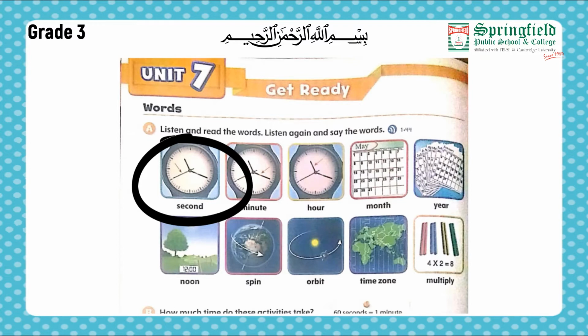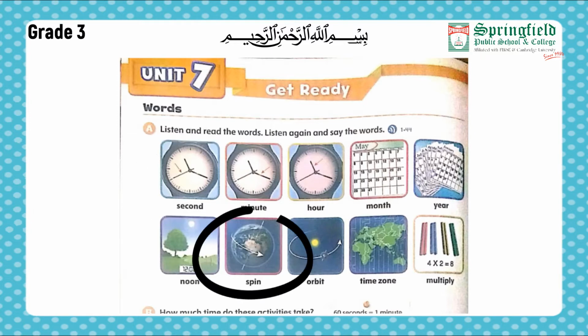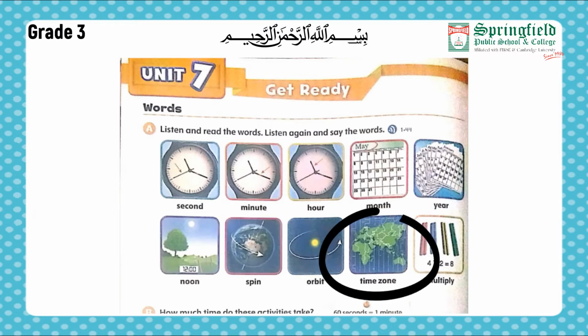Second is also a measure of time. There are 60 seconds in a minute. Our next word is spin. Spin means to turn around something very quickly. Next word, time zone. One of the 24 areas that the world is divided into. Each area has its own time.